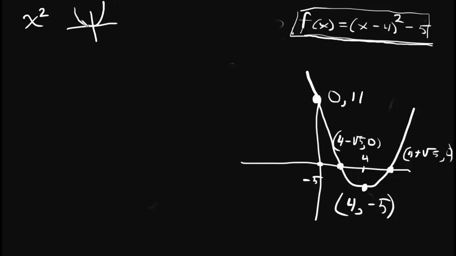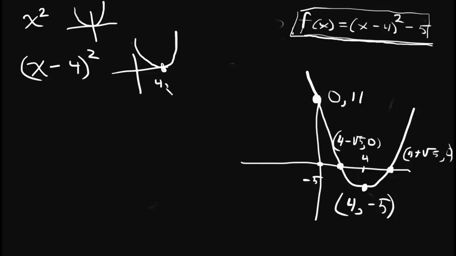Now, if I were to graph (x minus 4) squared, it would be the same graph, but the vertex would have shifted over 4. It would now be (4, 0), where the graph touches down on the x-axis.